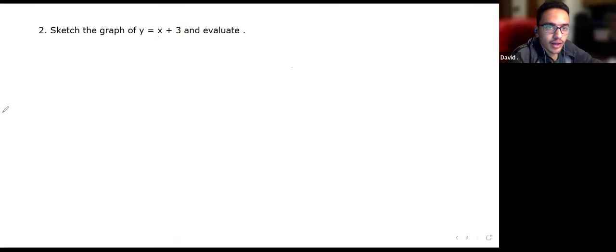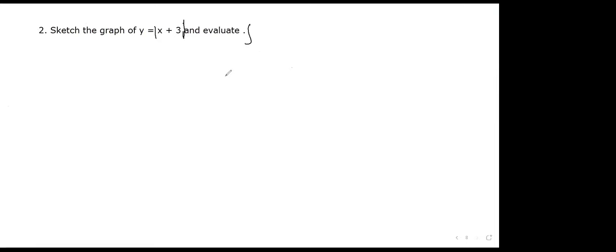Sketch the graph of y equals mod x plus 3, and evaluate the integral from -6 to 0 of mod x plus 3 dx.